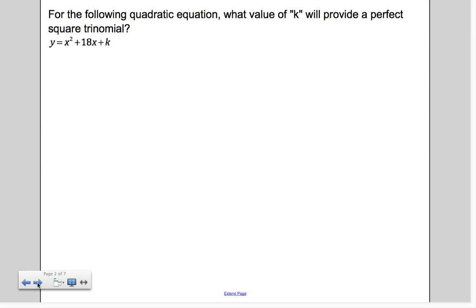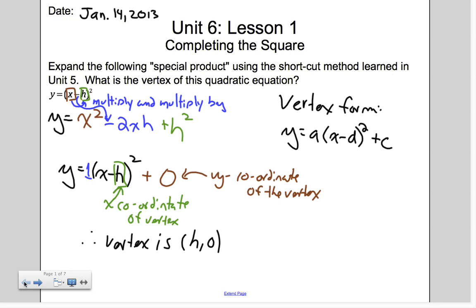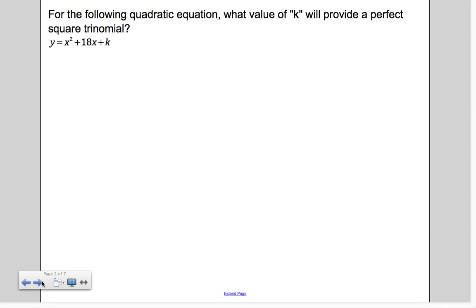What happens if we go back and look at this? Notice that this middle term gives us something like 2xh. Actually, I should have written this 2hx. So what we realize here is that 18x, we want to figure out what the h value is. It's equal to 2hx. So here I want to isolate for h, so I'm going to divide both sides by 2x, and h is equal to 9.